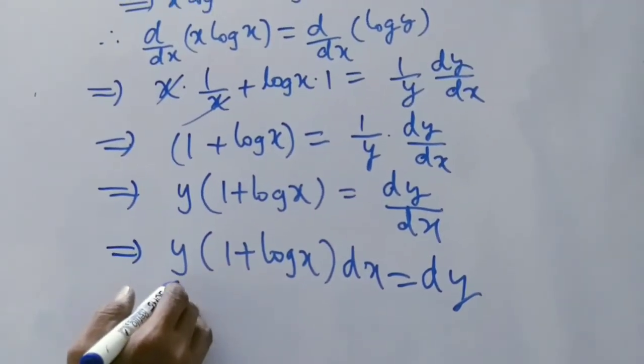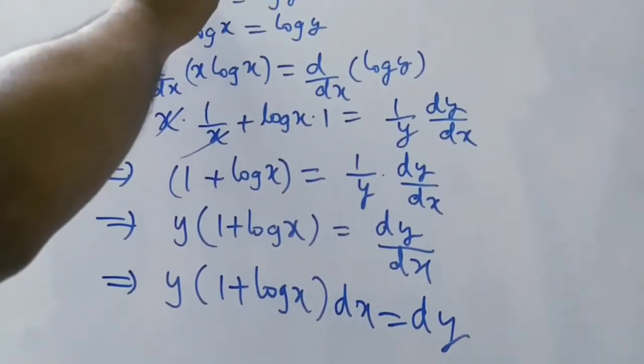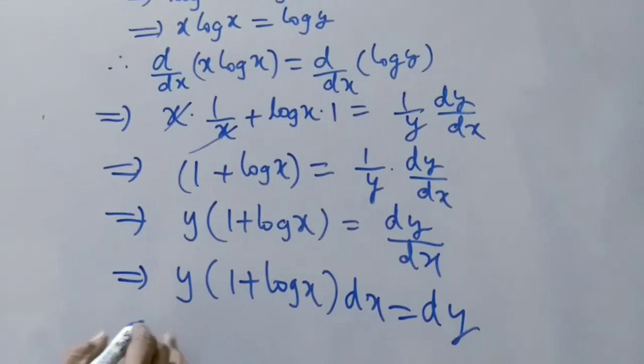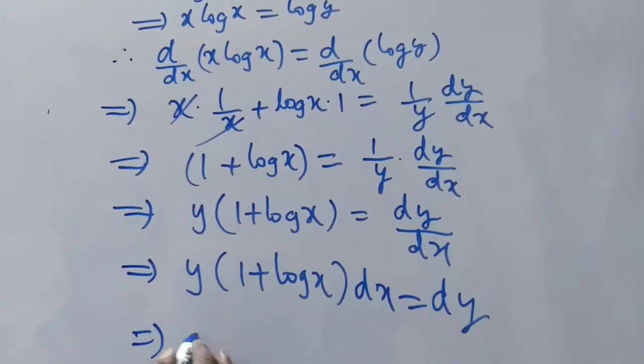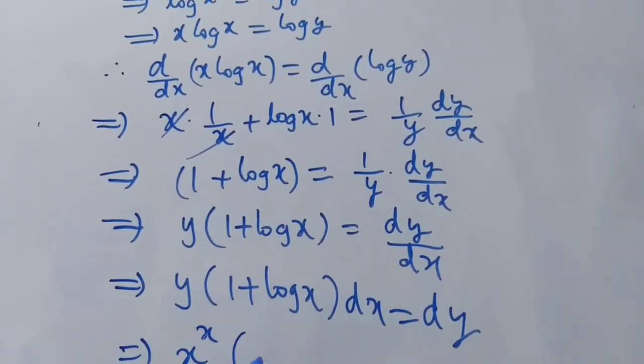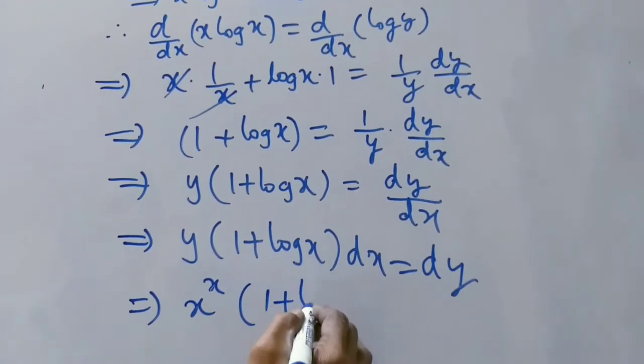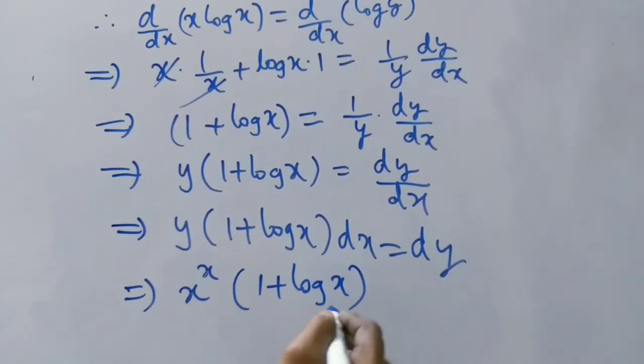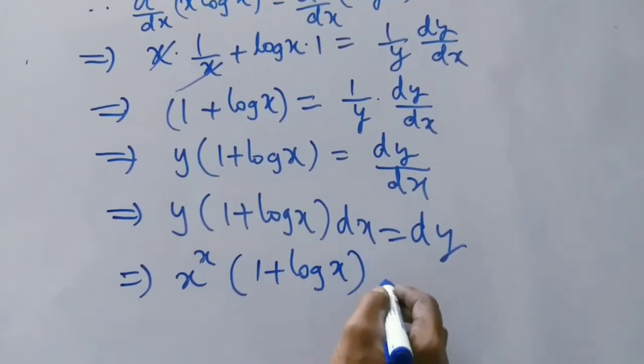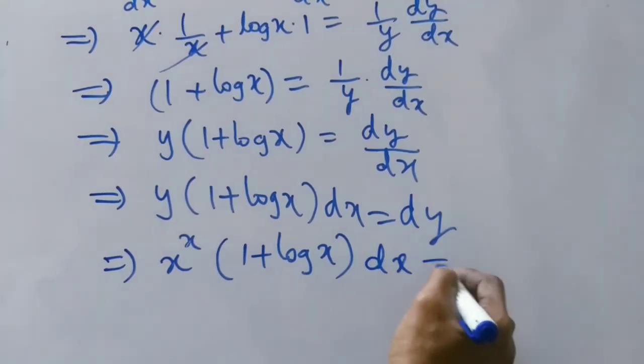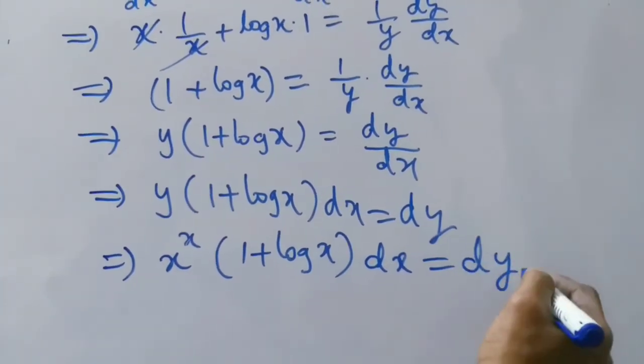Already we know y is equal to x to the power of x, substituting the y value, x to the power of x of 1 plus log x dx is equal to dy.